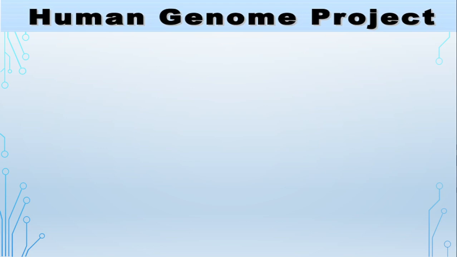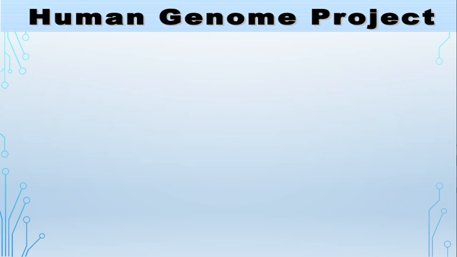Now, what does this project mean? This project was launched in order to understand the human genome, how the bases are sequenced. The number of bases, that is 3 billion base pairs that make up the total genetic material in a human cell, and to understand how the bases are arranged.